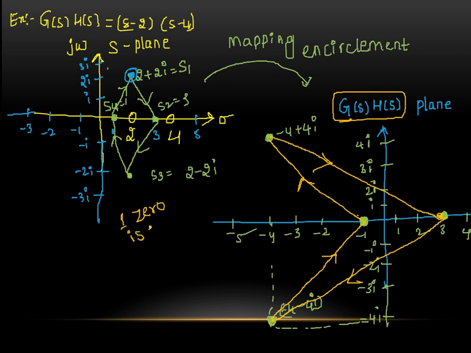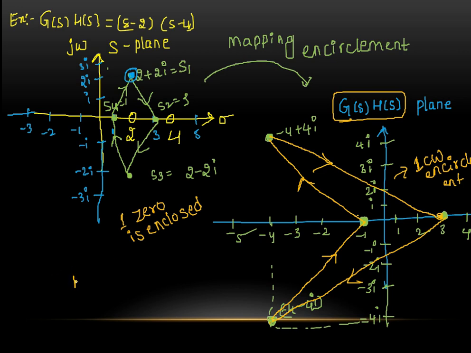So if one zero is enclosed in the s plane, then when you map that function into the G(s)H(s) plane, you get one clockwise encirclement. For example, if two zeros are enclosed in this path, then you will get two clockwise encirclements. If three zeros are enclosed, three clockwise encirclements.